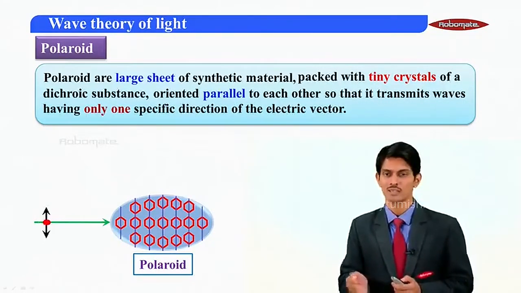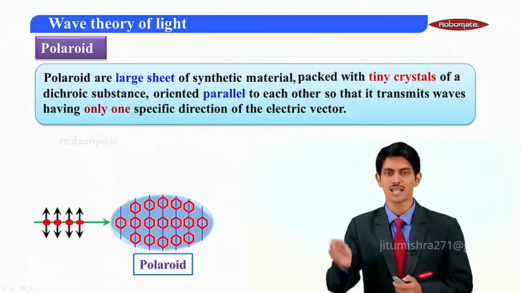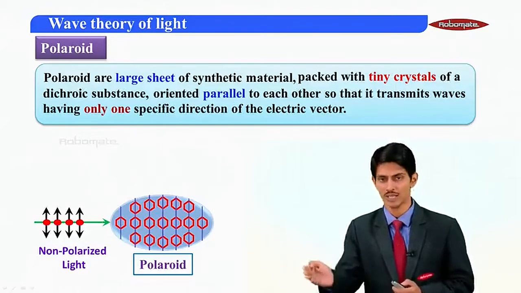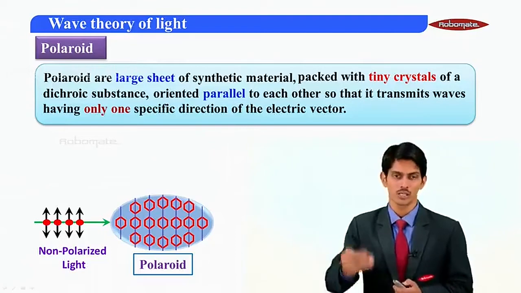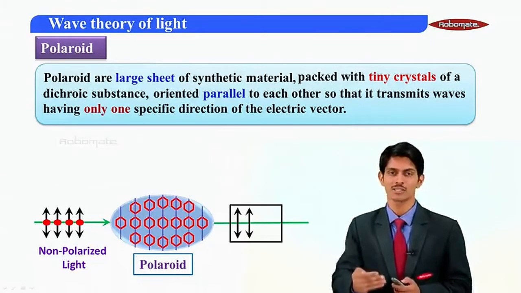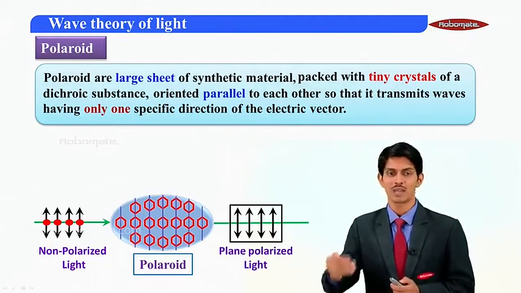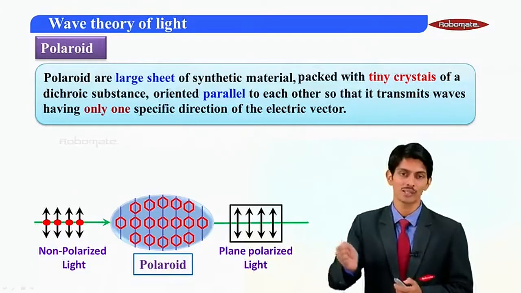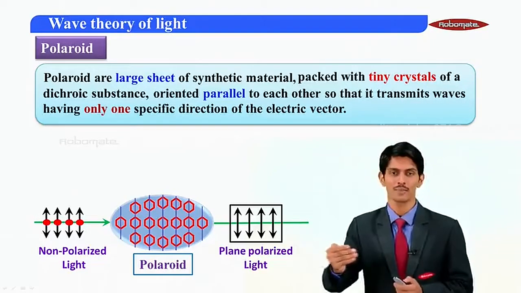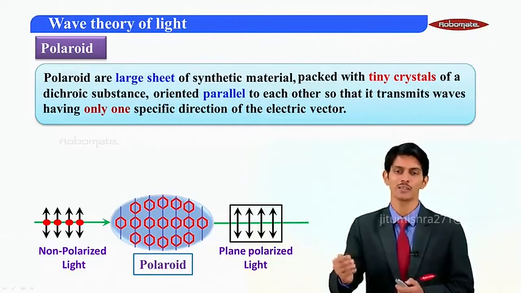When unpolarized light, that is, light in which vibrations of the electric field are possible in all planes, is passed through this Polaroid, then the light whose vibrations of the electric field are parallel to the axis of the Polaroid will pass, and all other light whose vibrations are in different planes will not pass through this Polaroid.